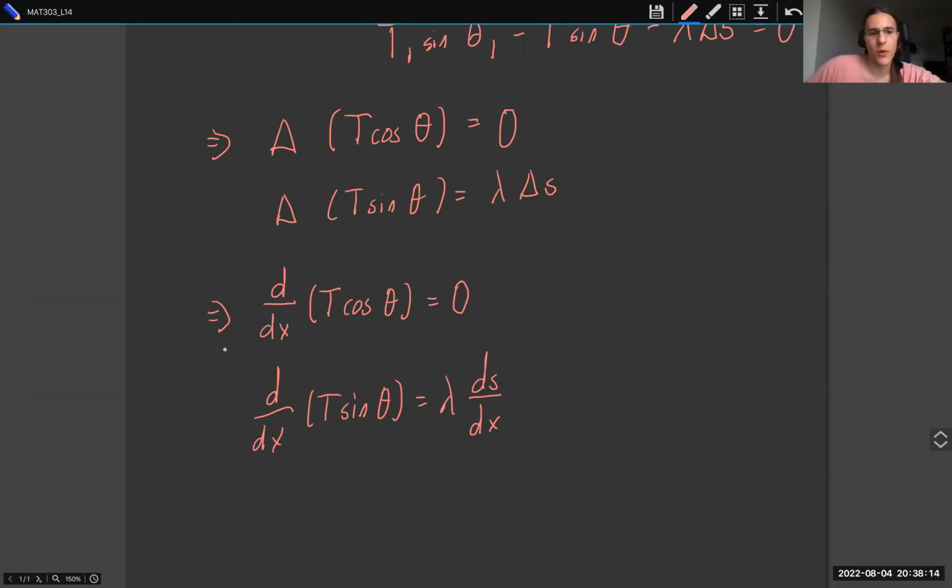Now, the first equation is going to tell us that t cos theta is some constant, h.